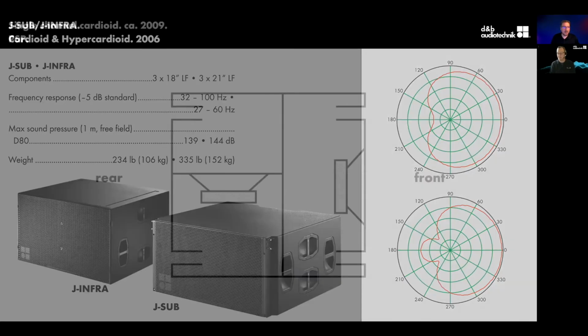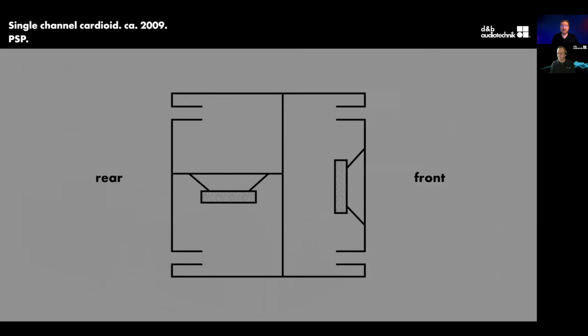And in 2009, we came out with the B4, which was a passive cardioid subwoofer using a technology called PSP, or plywood signal processing. The same signal that was going to your forward firing driver went to your rear firing driver. What you see on screen here is the patent drawing for the cardioid behavior.